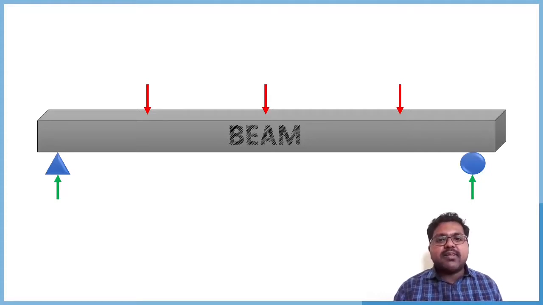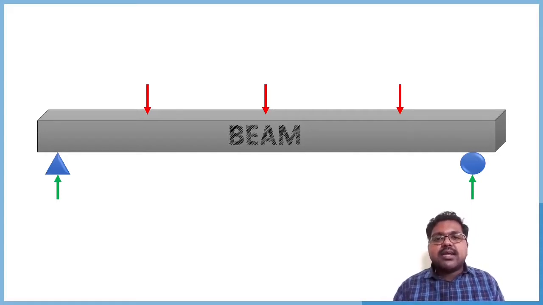While writing equilibrium equations also, we need to consider both the external loads as well as the reaction forces in the beam. Due to the action of external forces and reaction forces, internal stresses and strains are produced in the beam or a structural member.